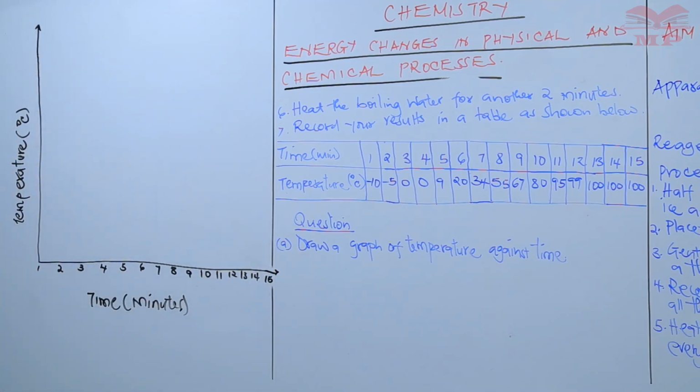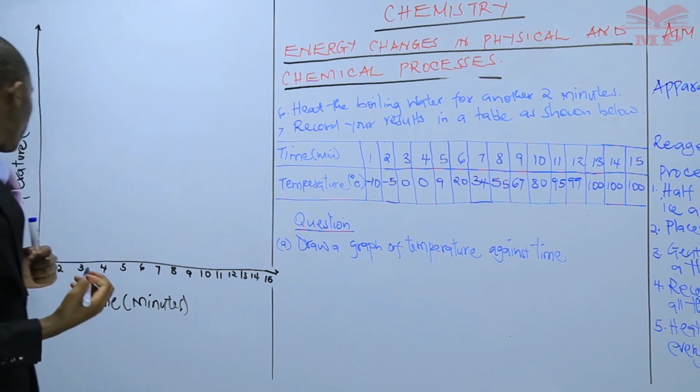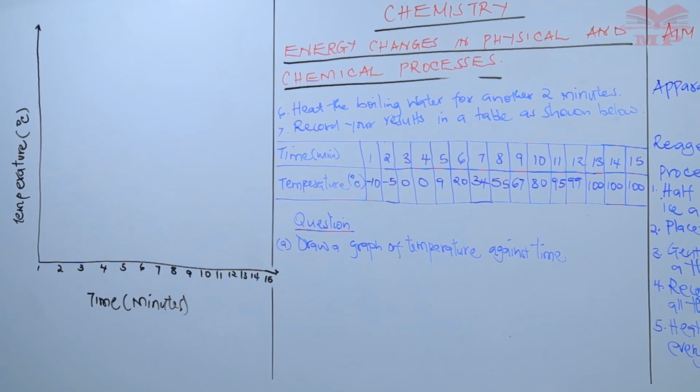It's a sketch, it's not drawn to scale. Then the temperatures, the lowest temperature we have is -10. So if we were to extend our graph a little bit, we'd have a 0. Then we have, let's say, -5, or let's say -10.